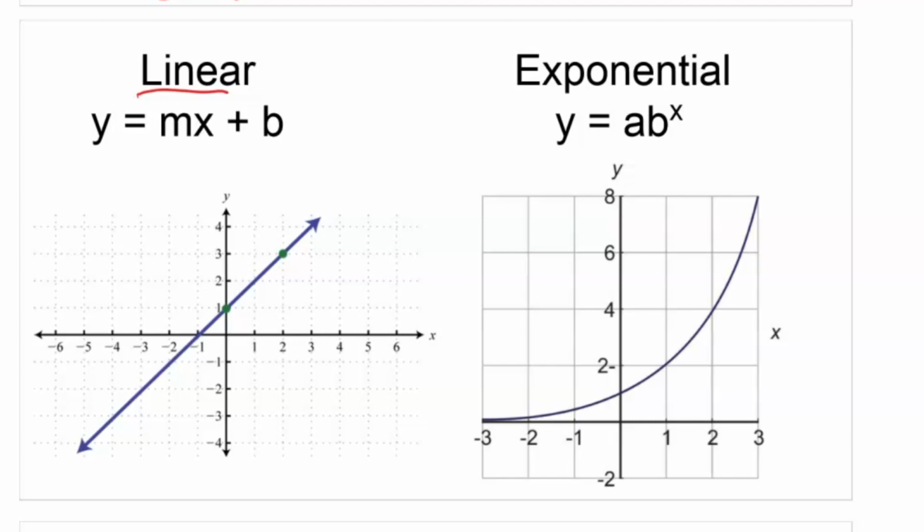Because if you think about it, the linear graph, it's just adding the same number every time. And so that's going to grow much more slowly than the exponential graph. The exponential graph is multiplying by the same number every time. So that number will grow very, very fast, and it will increase very quickly. And that's why the graph looks like that.